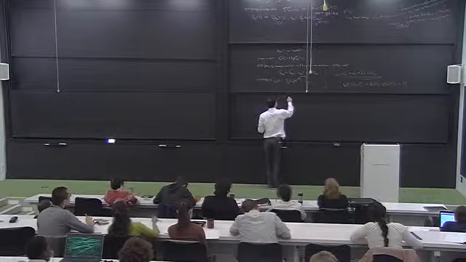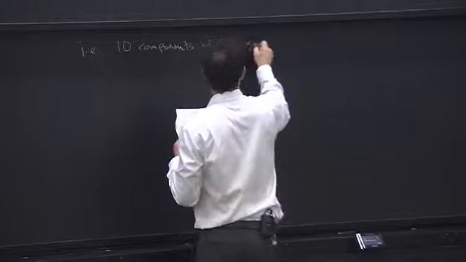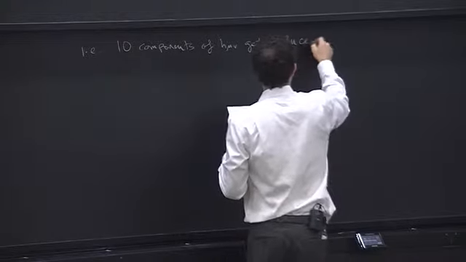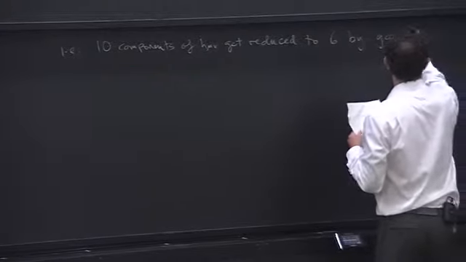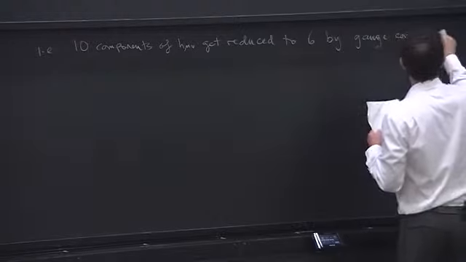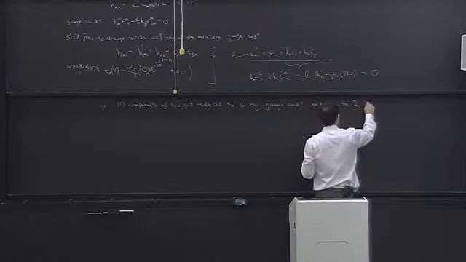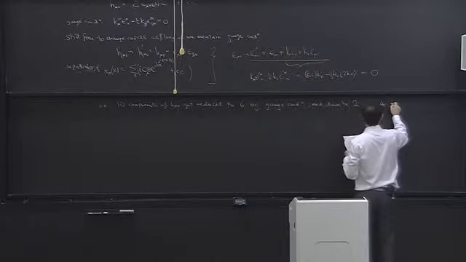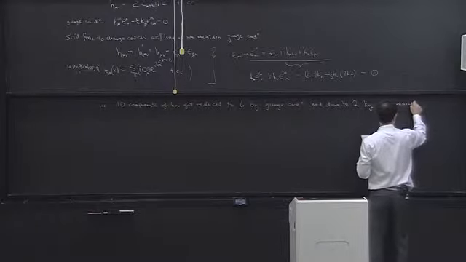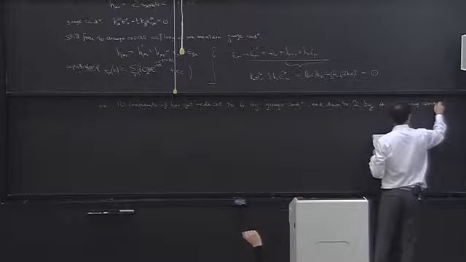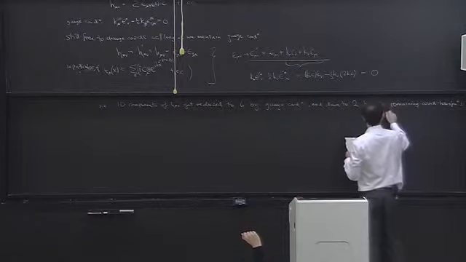The 10 components of h mu nu get reduced to 6 by the gauge condition, and down to 2 by the 4 remaining coordinate transformations, which preserve the gauge condition.